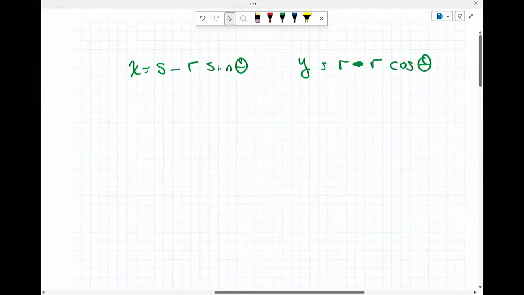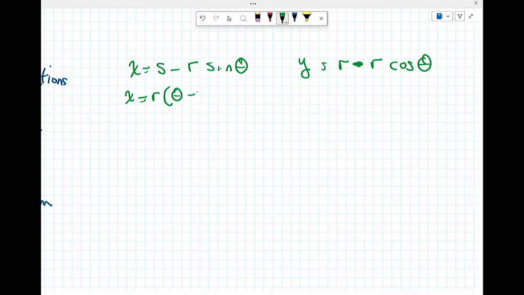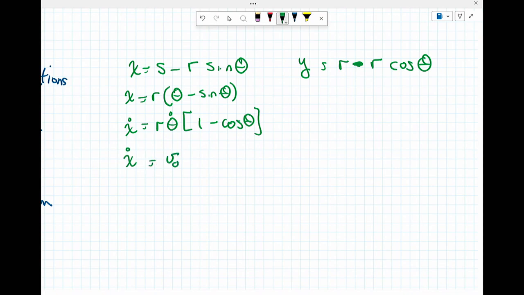So I take a derivative, or I can rewrite that as r times theta minus sine of theta. X dot is equal to r theta dot times 1 minus cos theta. X dot is equal to v naught times 1 minus cos of theta.